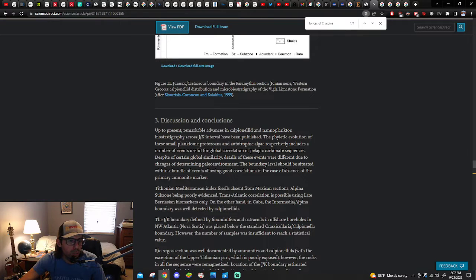Boundary level should be situated within a bundle of events allowing good correlations in the case of absence of the primary ammonite marker. Tithonian Mediterranean index fossils absent from Mexican sections, Alpina subzone being poorly evidenced. Transatlantic correlation is possible using late Berriasian biomarkers only. On the other hand, in Cuba, the intermediate Alpina boundary was well detected by Calpionella.